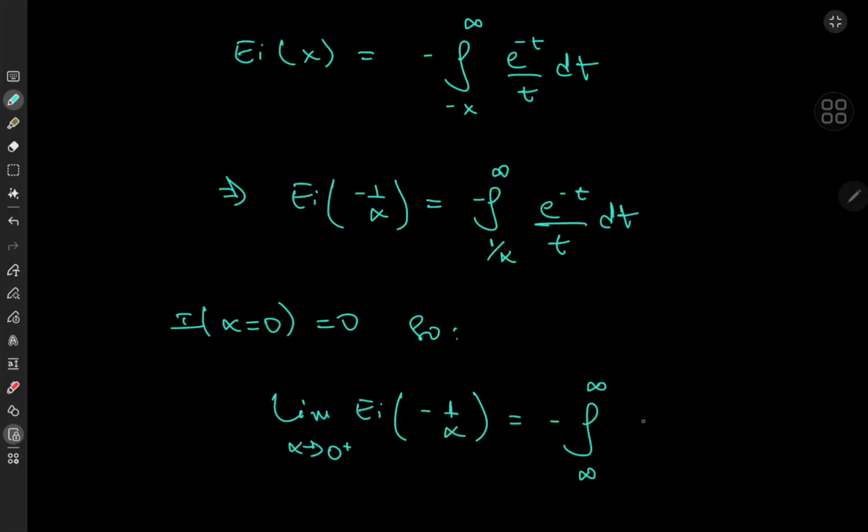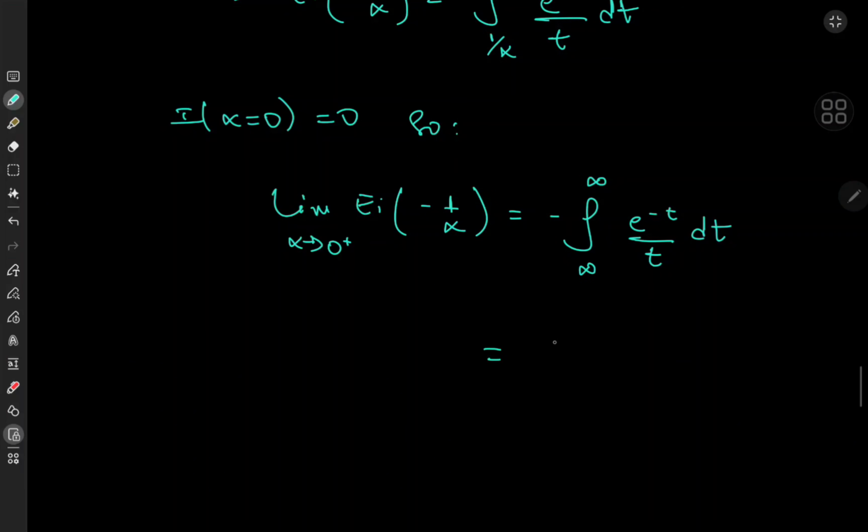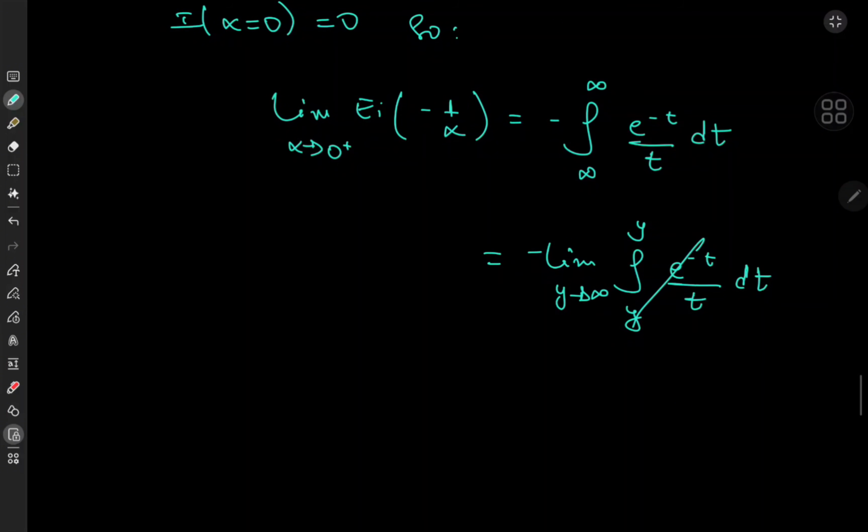So we have the integral from infinity to infinity of e to the minus t over t dt, which I know looks super weird. But if we write this as the integral from, let's say, some y to y, as y tends to infinity, we have e to the minus t over t dt. I'm forgetting a negative sign, but who cares, because this integral is always going to be equal to 0, and the result is a big fat 0.